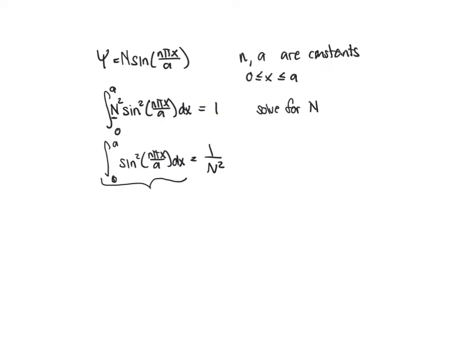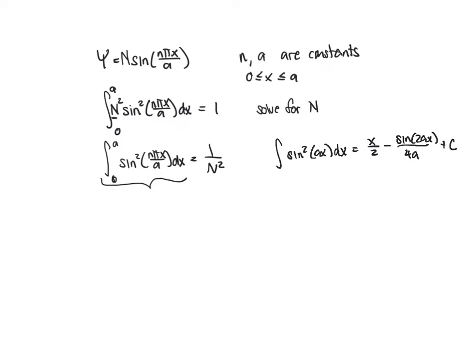So I can either try to figure out how to do this by parts or by substitution, but you know what? Let's just look it up in a table of integrals. So my table of indefinite integrals tells me that the integral of sine squared ax dx is equal to x over 2 minus sine of 2ax divided by 4a plus a constant.